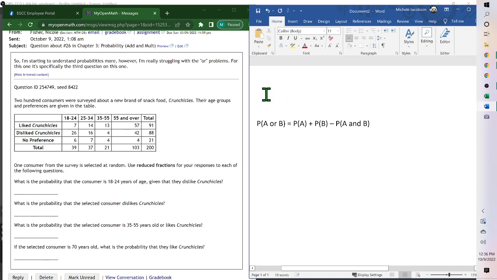So the first one was the probability of 18 to 24 given dislike, which was 26 out of 88.